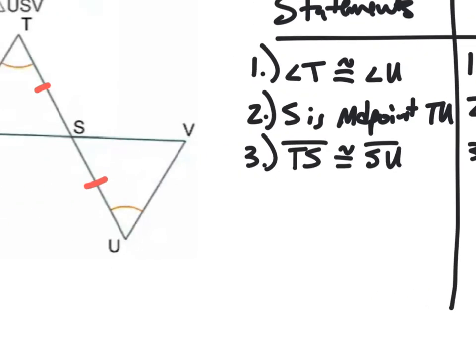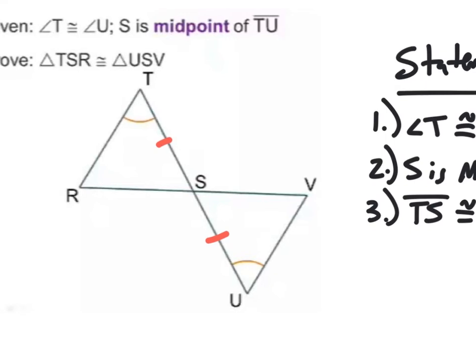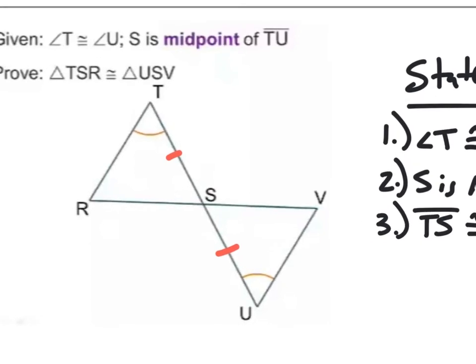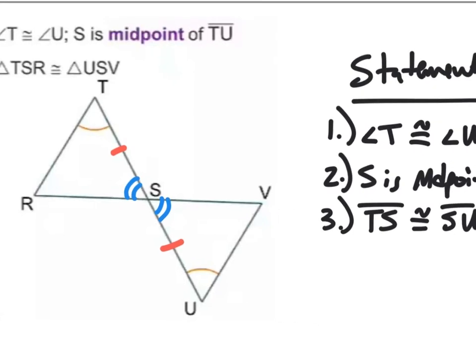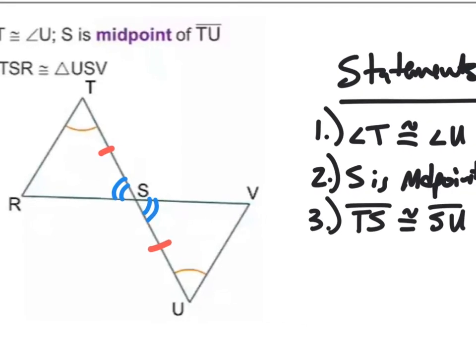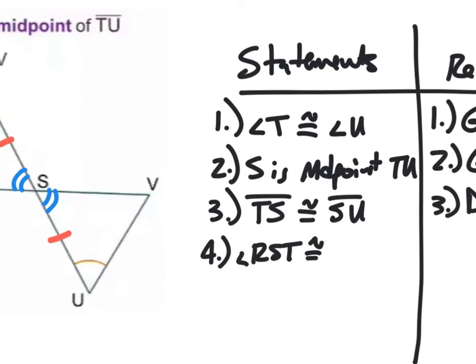And so then the other thing that we can say, just from this picture, is we have two intersecting lines. So I know that these two angles here are congruent because they're vertical angles. So let's write that in part 4, that angle RST is congruent to angle VSU.